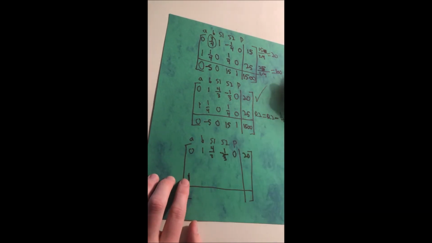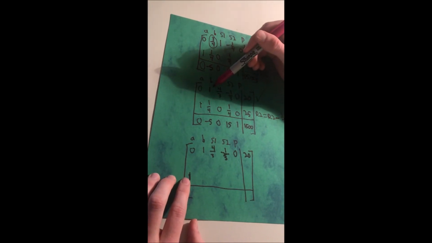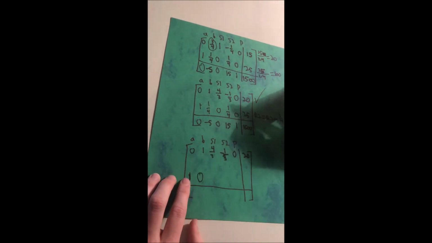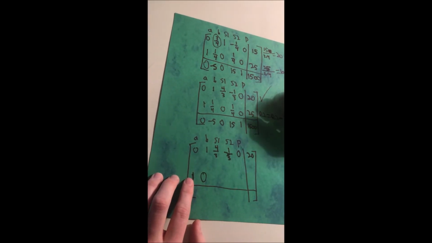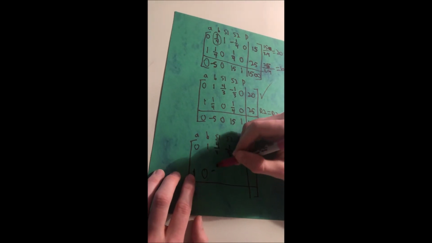So now we have row 2, which is 1/4 minus 1/4 of 1, so 1/4 minus 1/4, 0. And then we have negative 1/3.